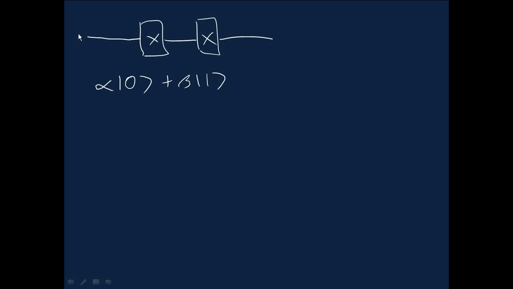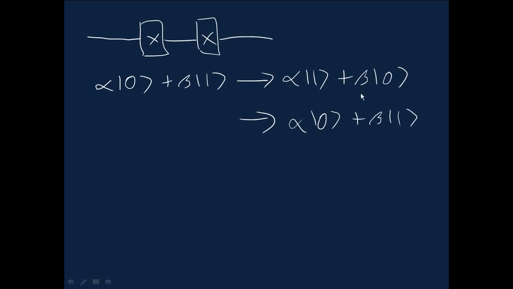So if the input state here at the left is alpha 0 plus beta 1, it gets changed by the first NOT gate to alpha 1 plus beta 0, and that gets changed by the second NOT gate into alpha 0 plus beta 1. So we flip the 0 to the 1 and the 1 to the 0, and then we do the same thing again, the second NOT gate.